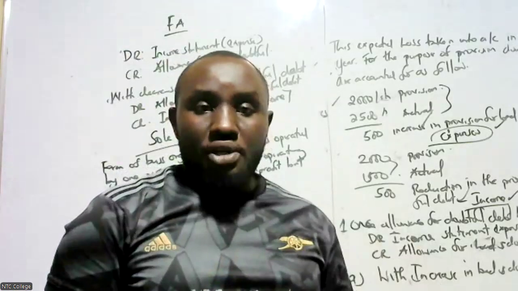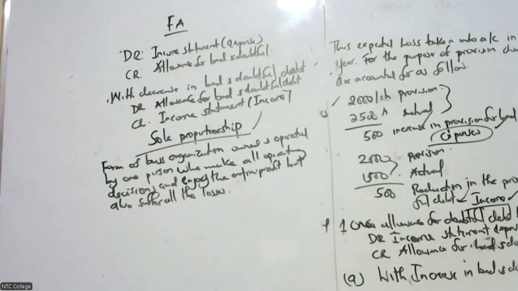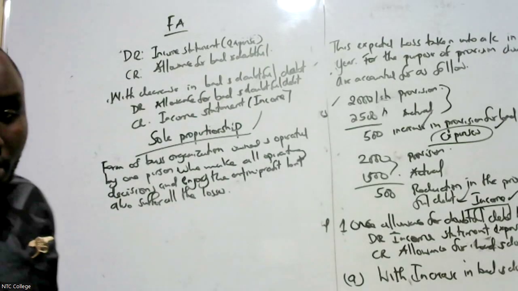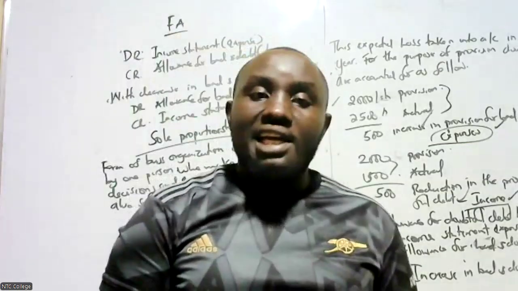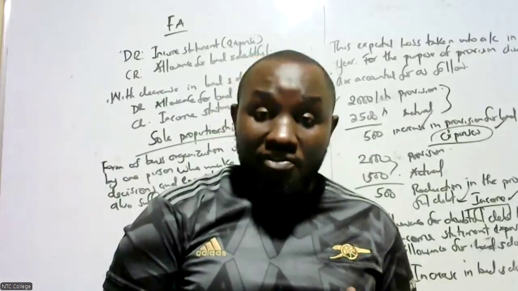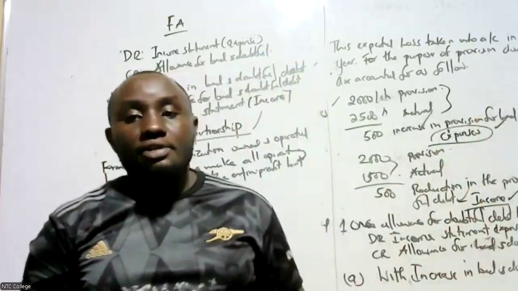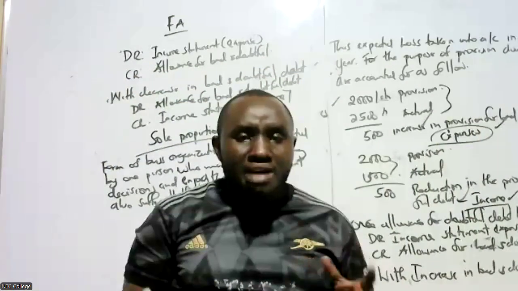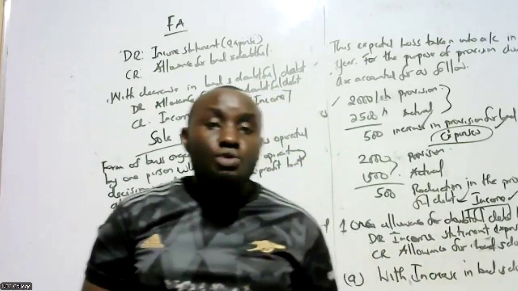So out of that point, we can clearly depict that under sole proprietorship, one of the advantages is that one person is technically enjoying the profit. Again, decisions can be made very fast because there's one person at the helm of decision making, as opposed to a company where we have a number of shareholders and decision making will take long.